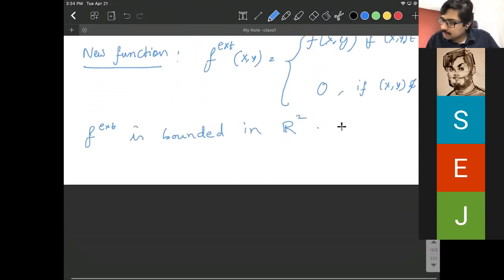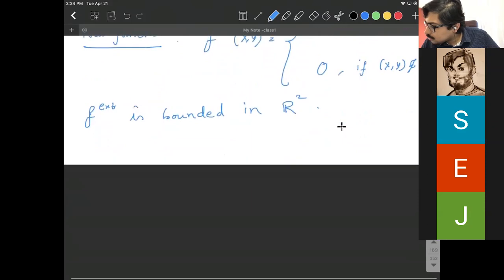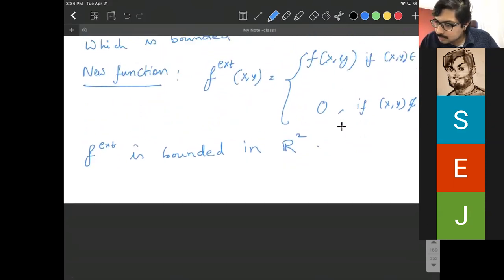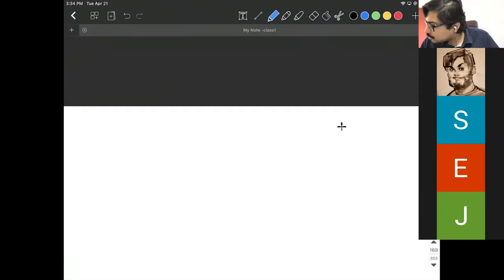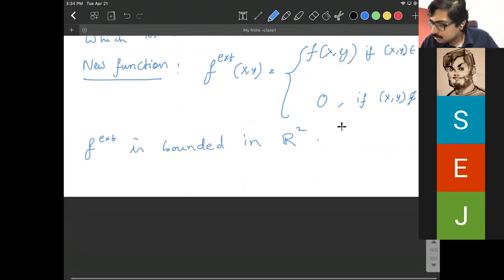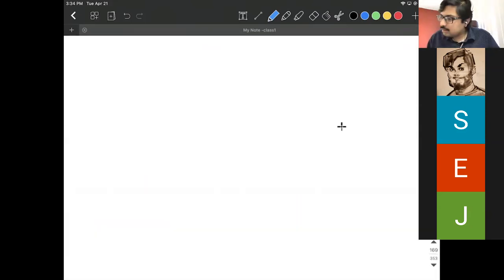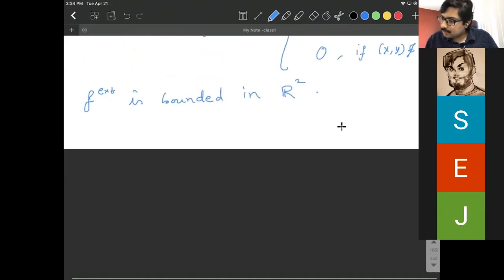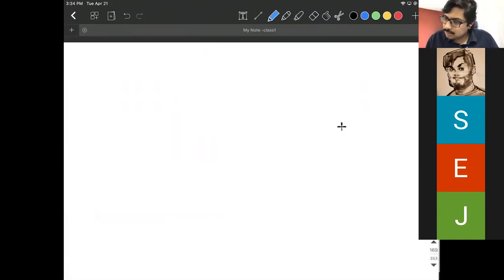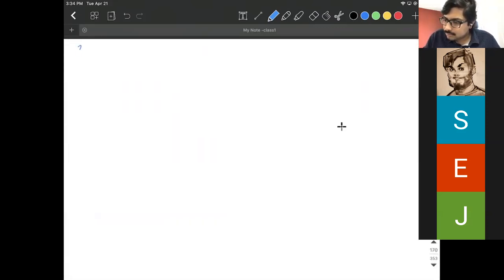Now, okay, so now since D is bounded, it can be enclosed.